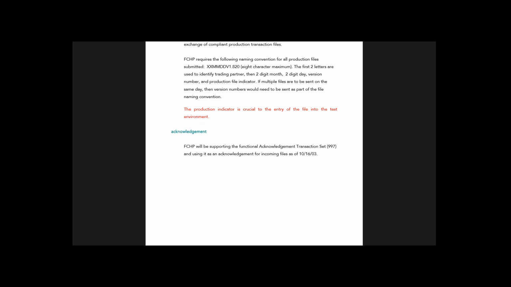Talking about the acknowledgement, as I discussed earlier, it is a very big factor in electronic transactions. If you do not have the 999 acknowledgement, you do not know what data was received and accepted, out of the data you successfully passed to the receiver side, and what has been rejected.